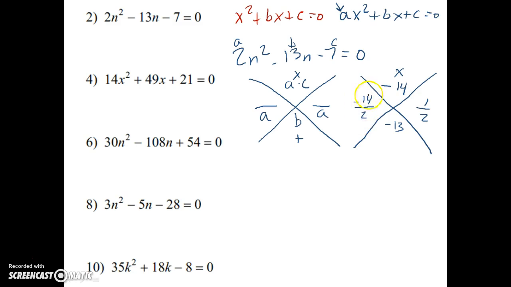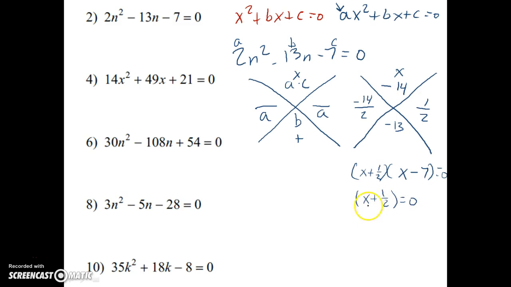So I can see that this term here is going to simplify. That will simplify to 7. So I've got x plus 1/2, and I have x minus 7. When I set this equal to 0, I can solve by setting each of these factors equal to 0.